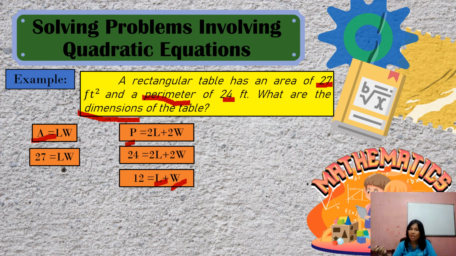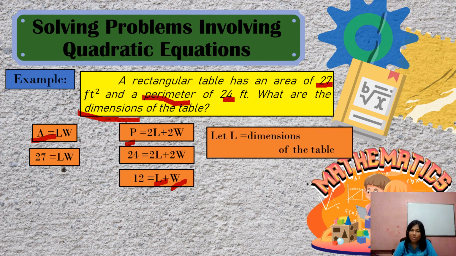Anyway, dimensions naman yung sinabi, so kailangan nating hanapin silang dalawa. Okay? So, here, let L be the dimensions of the table. Iwan natin si W and then transpose natin si L dito. So, 12 minus L equals W. Kanina, pag meron na tayong ganito, proceed tayo with substitution.